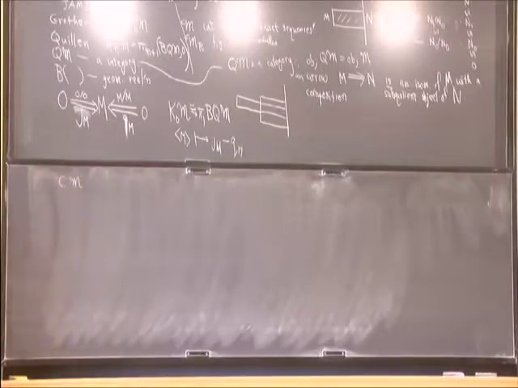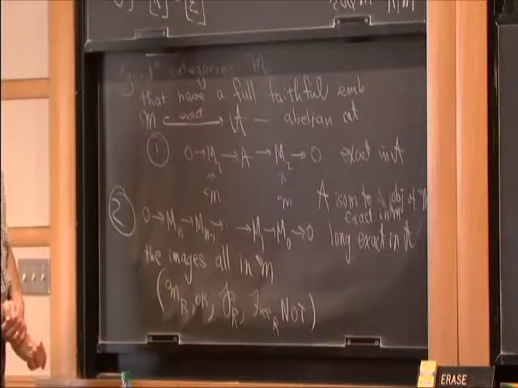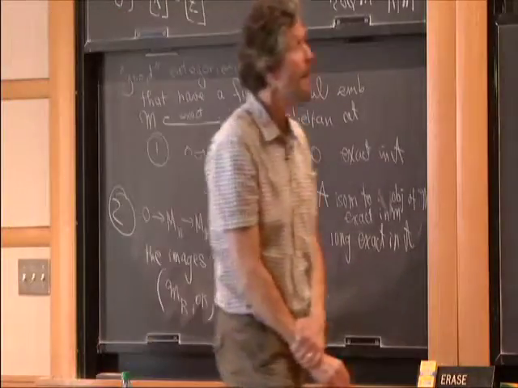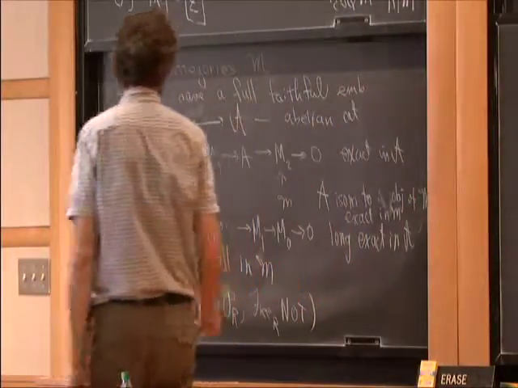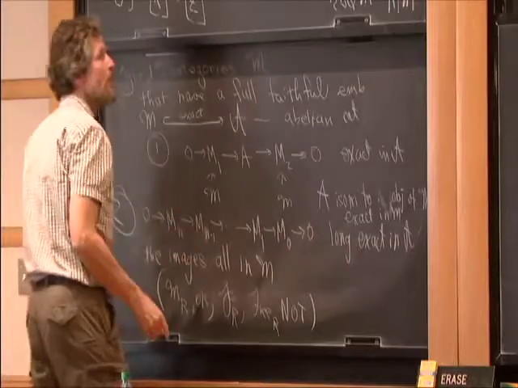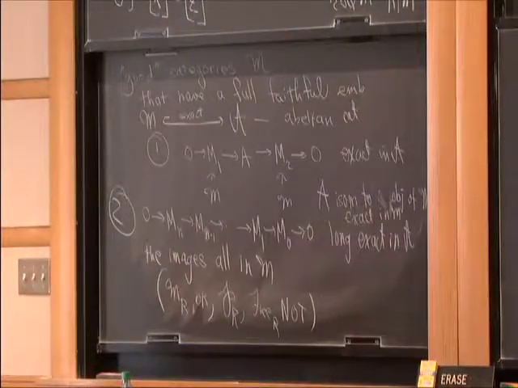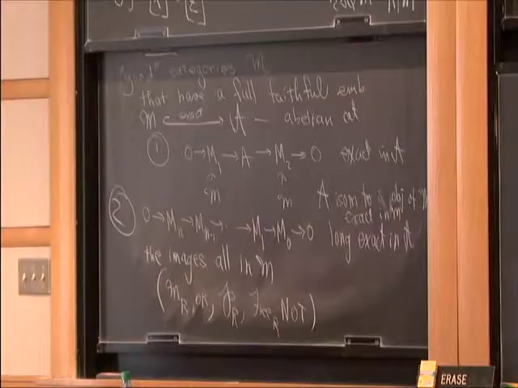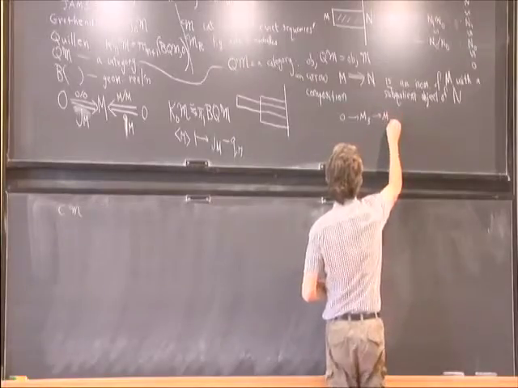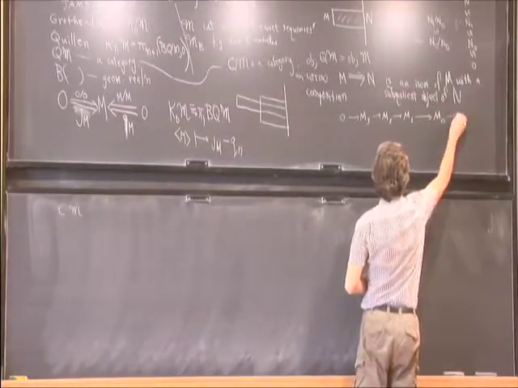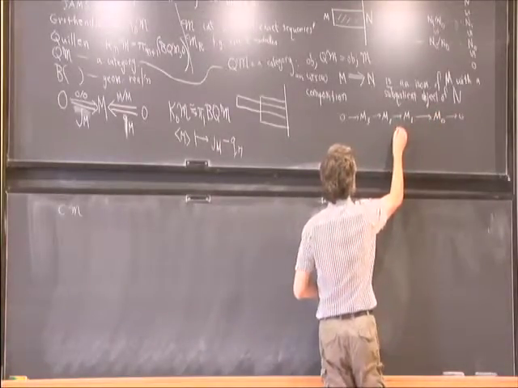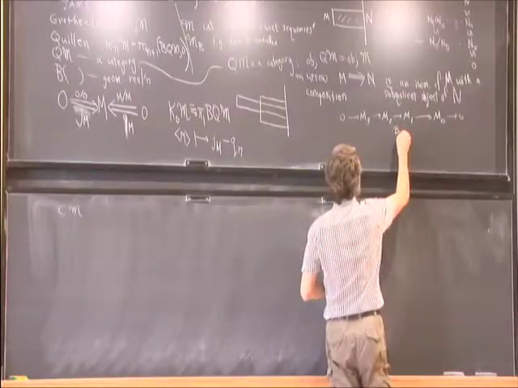I have a question about two. Yep. Are you saying that any such long exact sequence is spliced together from short exact sequences in M? Yeah, yeah. Oh yeah, I should have said that. All the images, once they're in M, then, here, let me just draw a picture of how that works. So let's take one of length 3. And let's suppose that the image here, let's call it B1.